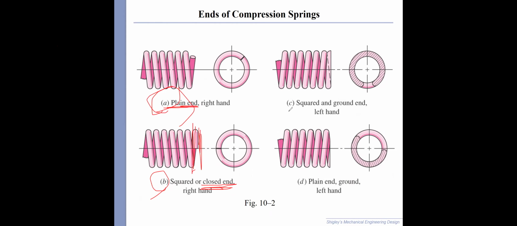Case C is square and ground, meaning it has been ground. And D is plain end and ground, left-hand, which is a different direction in which the spring wire is wound.